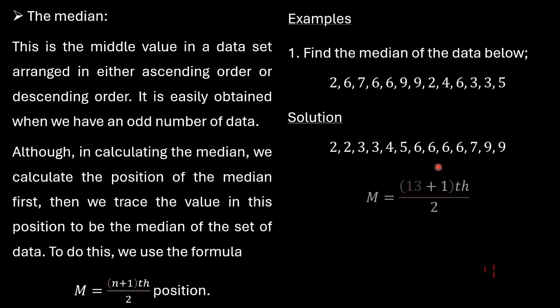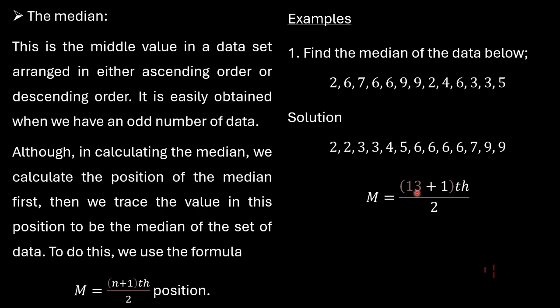Now, we apply our formula. The first thing we need to do is count. How many data do we have? 1, 2, 3, 4, 5, 6, 7, 8, 9, 10, 11, 12, 13.